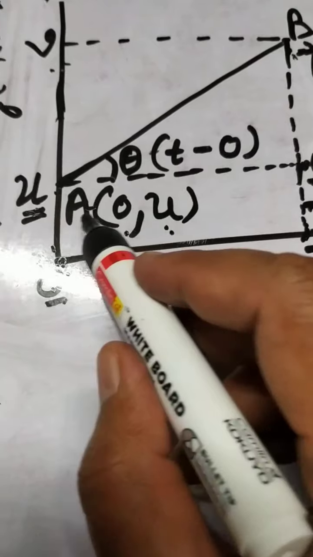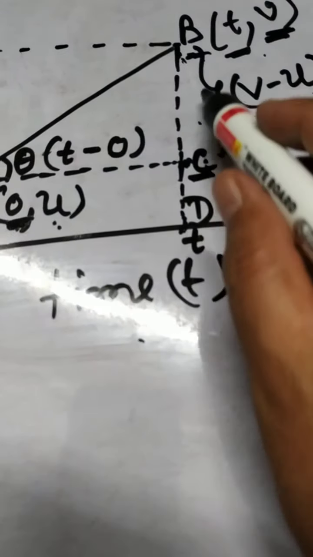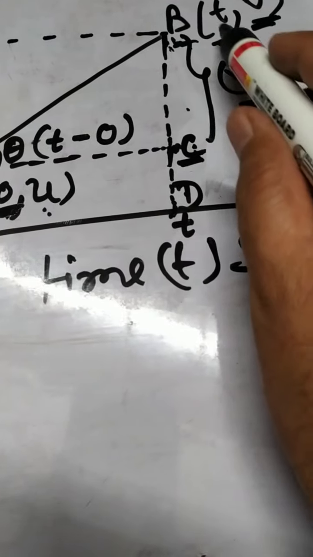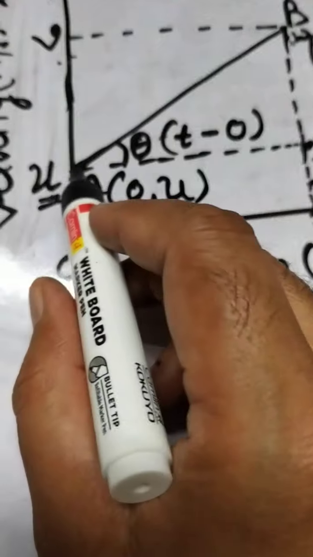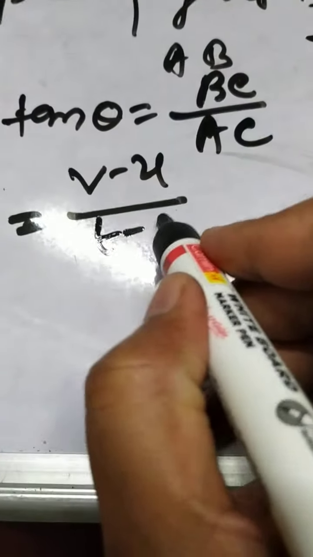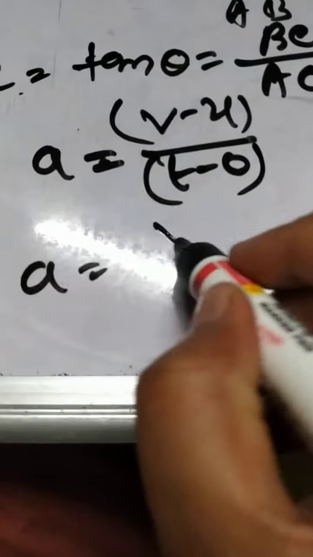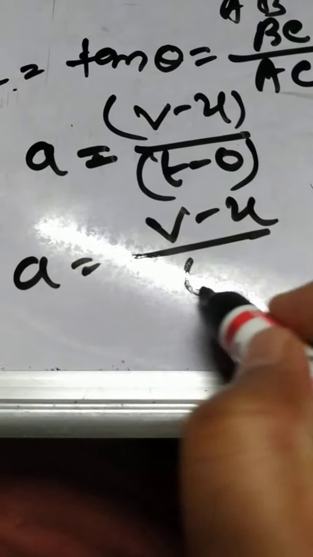Now put the value of BC, v minus u, upon AC. At point A, the time coordinate is 0, and the time coordinate corresponding to B is t. So the final point coordinate minus the initial point coordinate is t minus 0. So a equal to v minus u upon t.